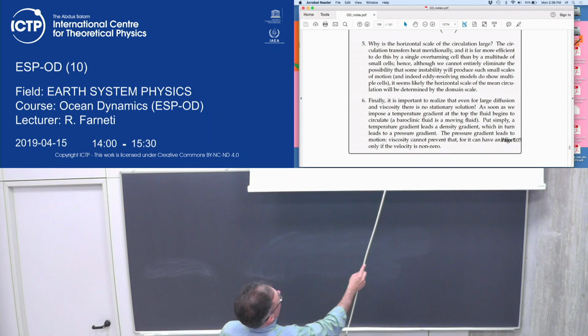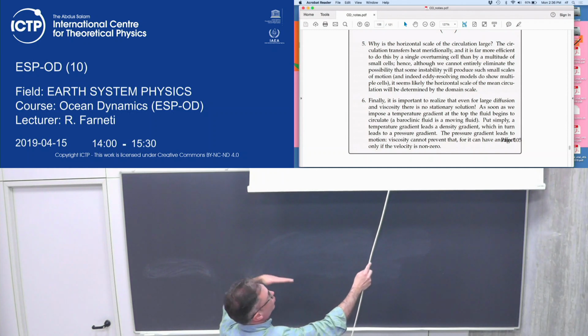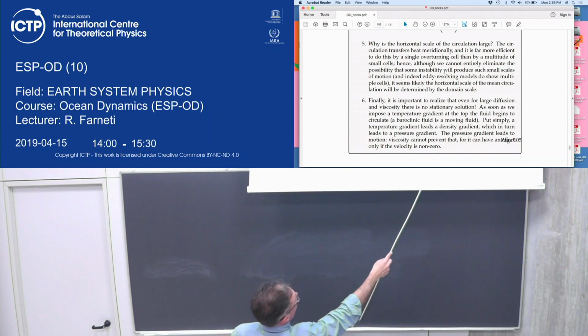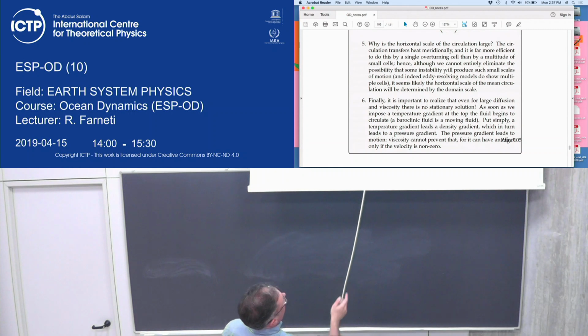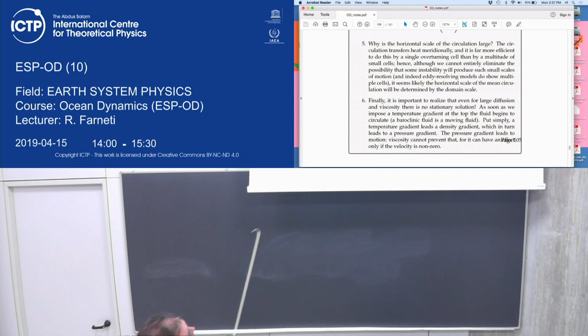So as soon as we impose a temperature gradient at the surface, or a buoyancy gradient, the fluid begins to circulate. Okay? And basically that's because it's a baroclinic fluid. You have warm water on one side and cold water on the other side, and you start forming cold water, filling up the abyss, and then diffusion brings it back to the surface.